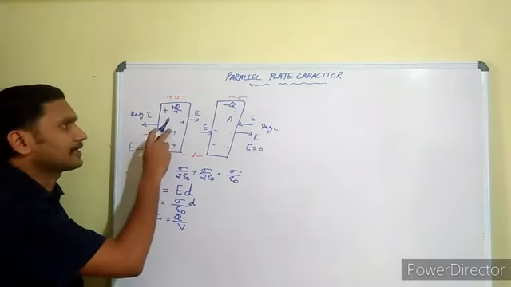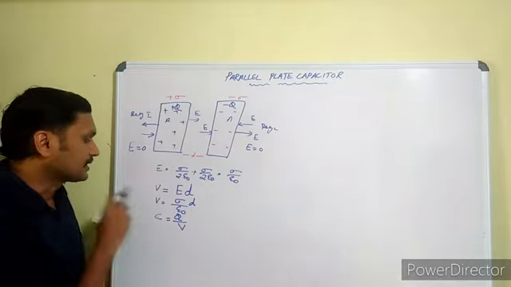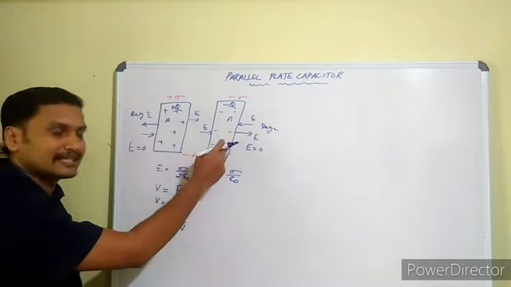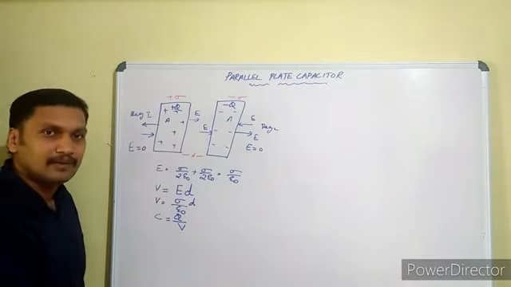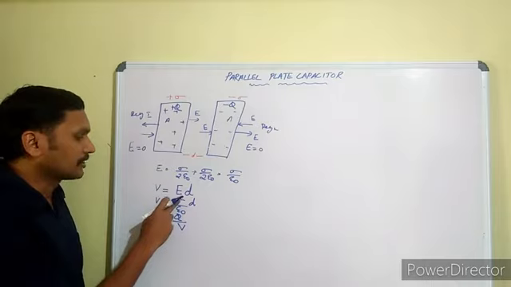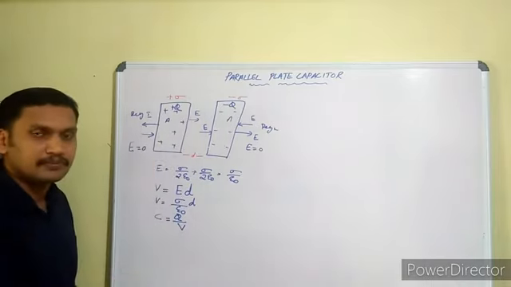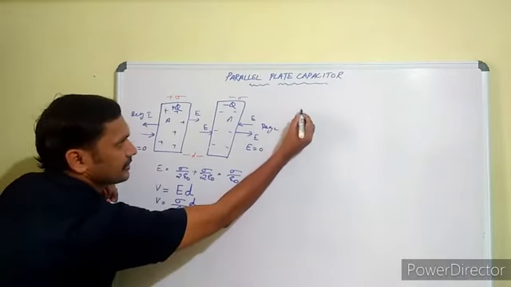Total charge on the plates is plus or minus Q. So the capacitance C is equal to the charge on either conductor by the potential difference between the conductors. Potential difference is equal to sigma by epsilon 0 into D. Charge is equal to Q. Now substitute the values.